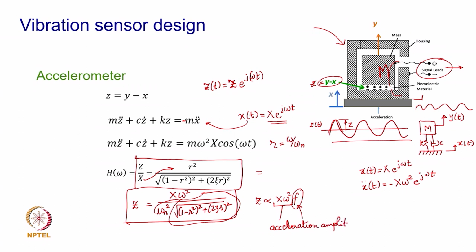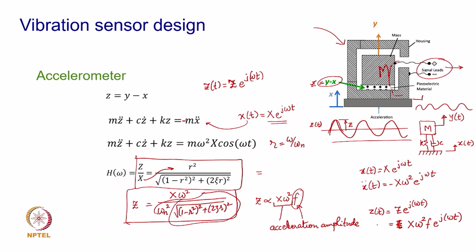Which actually means that z of t is going to be Z e to the power j omega t, and then of course there will be a phase, but let us ignore that phase for a while. So capital Z is nothing but X omega square f e to the power j omega t.